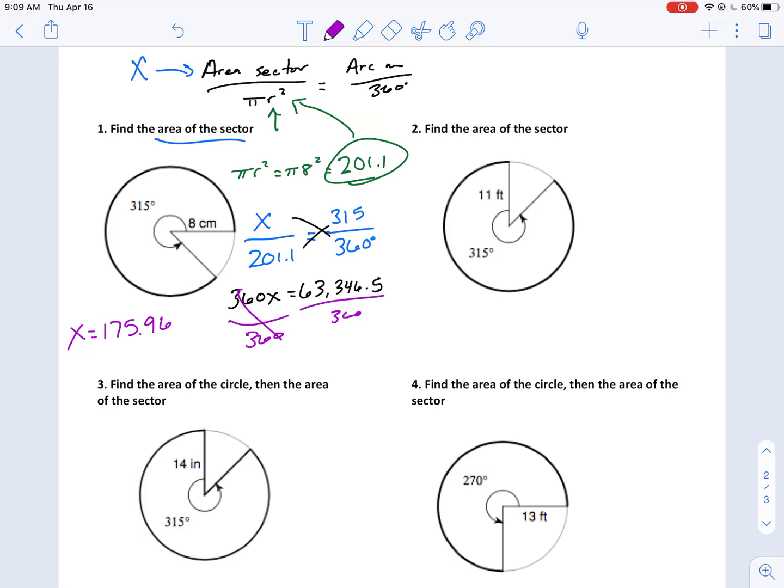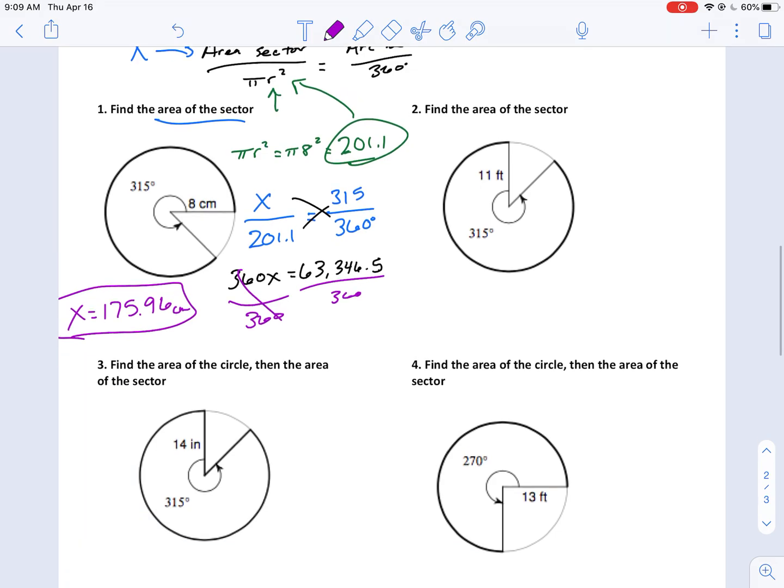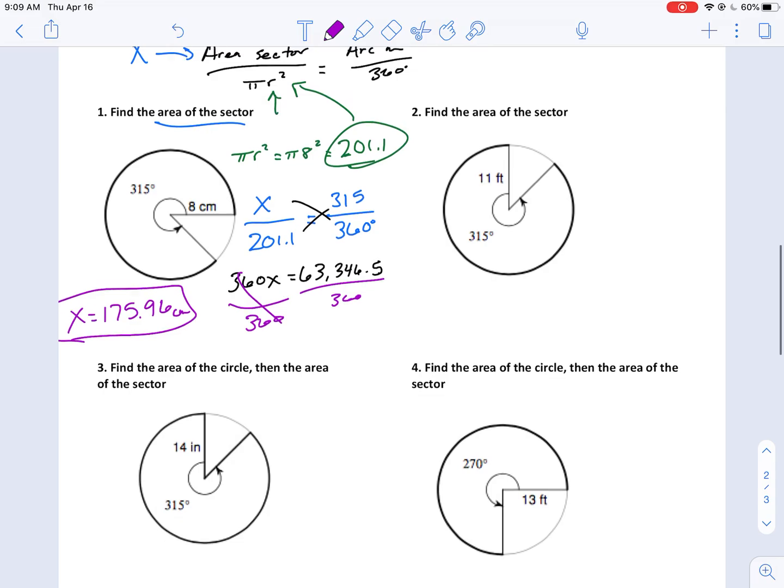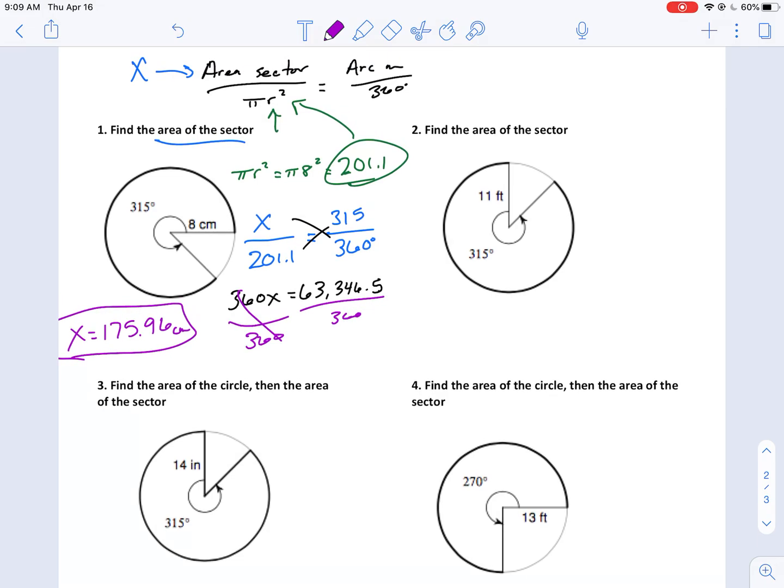And let's see, if I divide that by 360, I get x is 175.96. And if I had to round this to the tenths, of course, it would just be 176, and that's centimeters. I'm going to do number 2. I'm going to leave 3 and 4 for you guys, and I'll post the answer key here in a second.